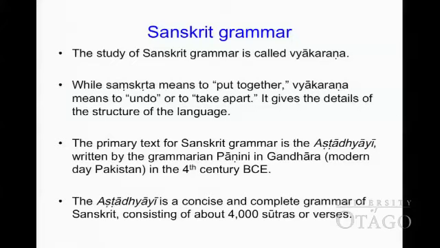The primary text of Sanskrit grammar is the Ashtadhyayi, written by the grammarian called Panini in Gandhara, now in Pakistan, in the 4th century before the Christian era. The Ashtadhyayi is a concise and complete grammar of Sanskrit, consisting of about 4,000 sutras or verses.